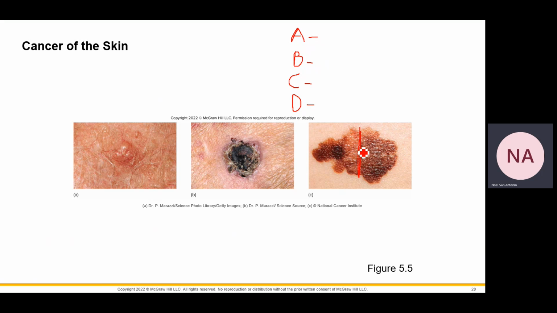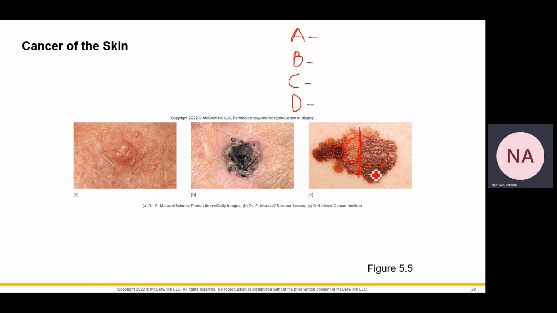So as you can see, in this area, you have a lighter color. Pagdating dito, you have a darker color surrounded by an area that is lighter. Tapos dito, darker na naman. Unlike an ordinary mole wherein in all of its parts, it basically has the same shade of color.